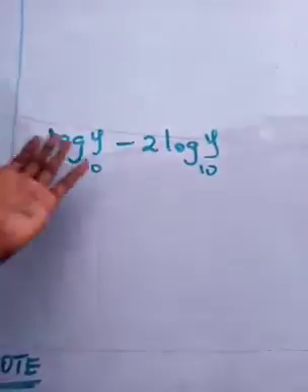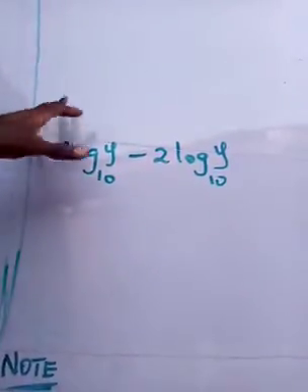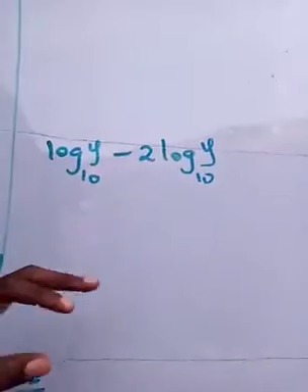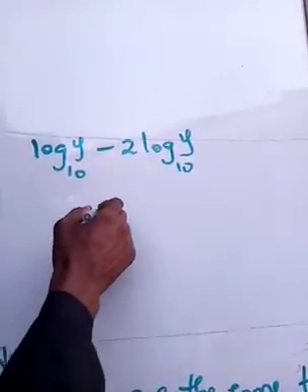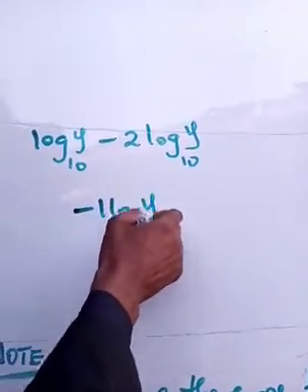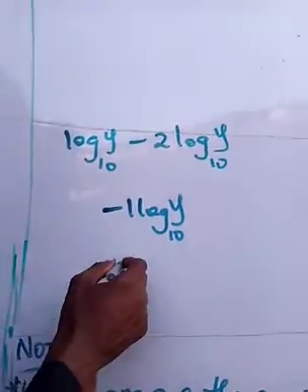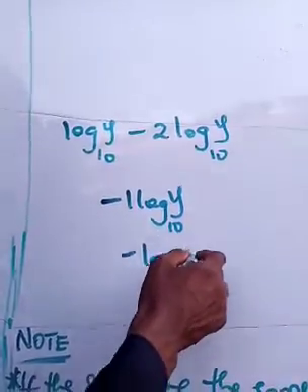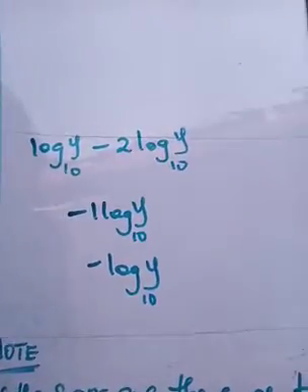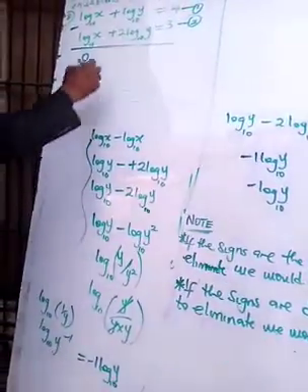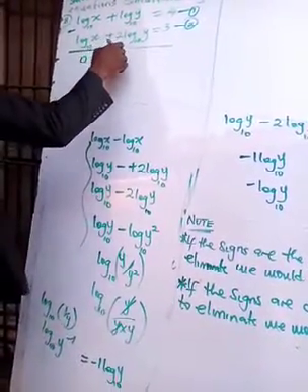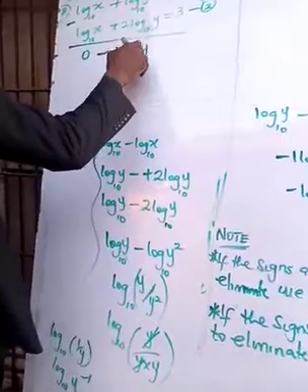So if you try to pay all the 2, it will be impossible. So you will still be owing 1. So it will be minus 1 log y base 10, which is minus log y base 10. It's the same thing as this, so we can adopt any one.